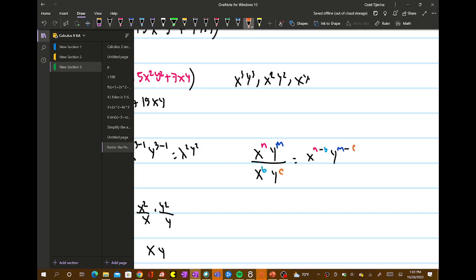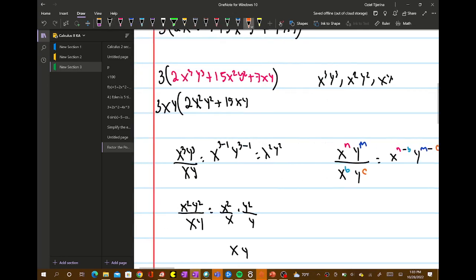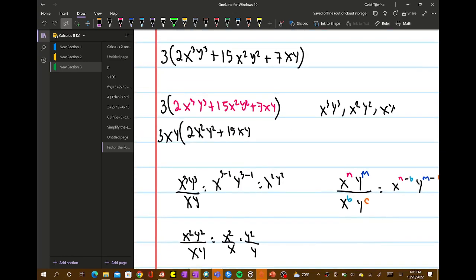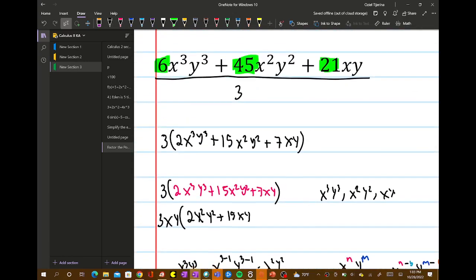That's literally what I'm using here. With factoring, it can be very difficult to explain. The way you can check it is you can FOIL it back out, or distribute the 3xy, to make sure you got the exact same thing that's up here.